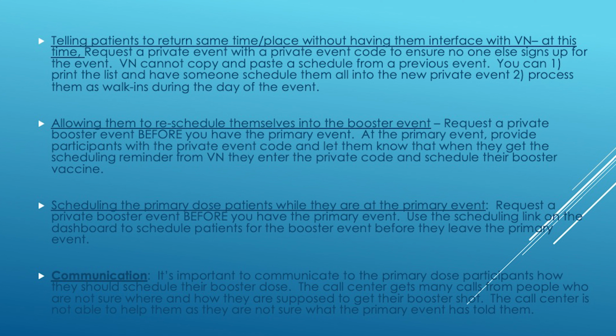But this was just to remind us to make sure that you're having good communication with the people coming in for the primary event to let them know what they're supposed to do to schedule for that booster event. Like I said, they're human, they're going to forget, they're going to lose their paper or whatever, but just as much clear communication as you can about how they're supposed to schedule that booster event is really the point on this last bullet.